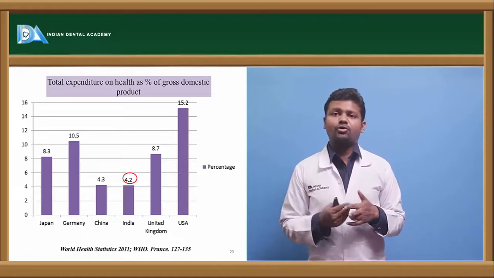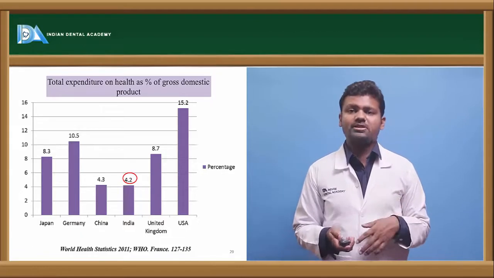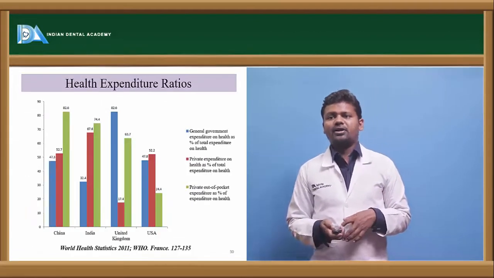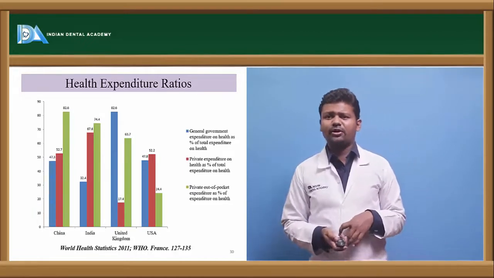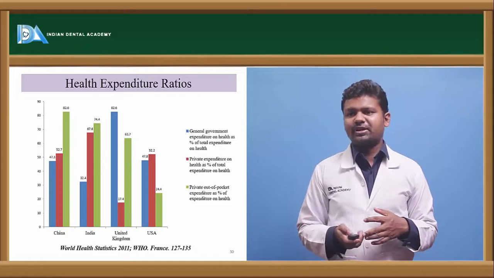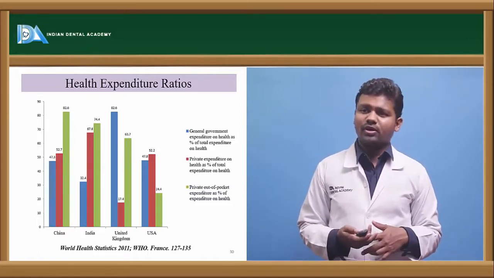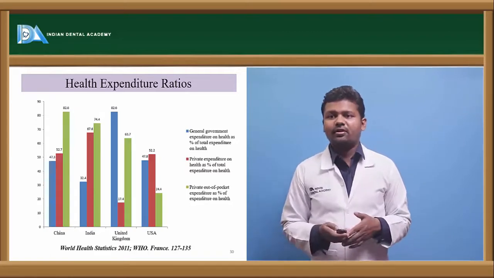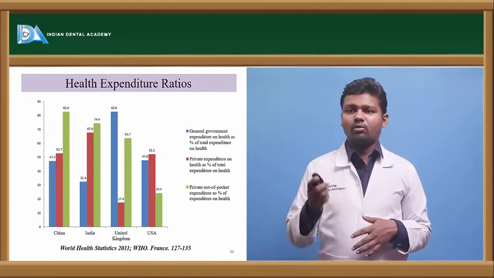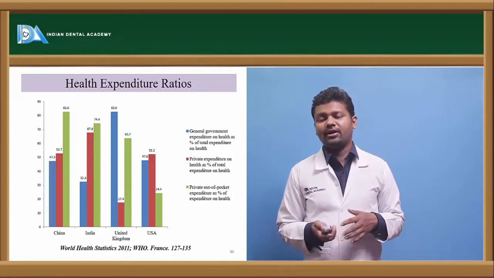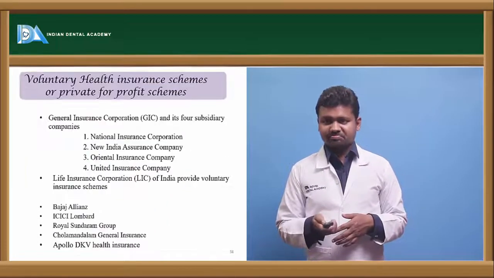Coming to health expenditure, in India the government is spending only around 33.4, whereas private expenditure is 67.6, and private out of pocket expenditure is higher in India, that is 74.4. Whereas in the United Kingdom, the government is spending more, that is 82.5%, and less for private expenditure.